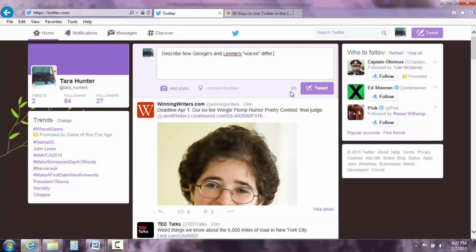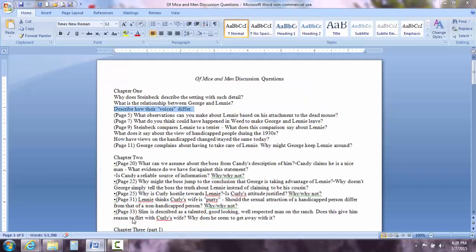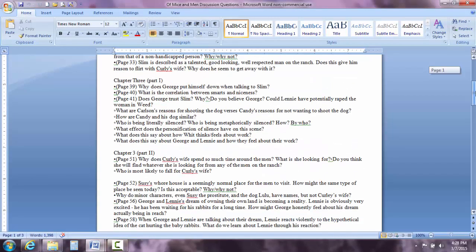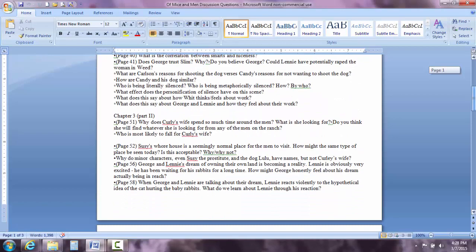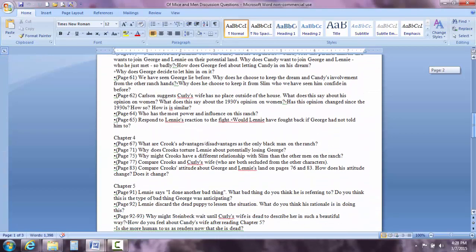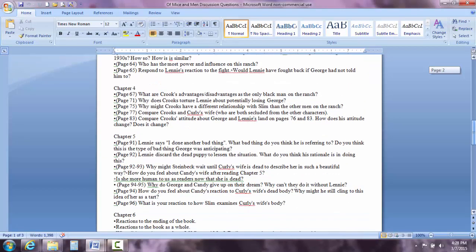And so the purpose of using Twitter is that it carries the discussion to another level, or it gets students thinking about a topic that we didn't necessarily talk about. As you saw with my list, there is a large variety of questions for each chapter that could be posed to students about what is going on in this book.